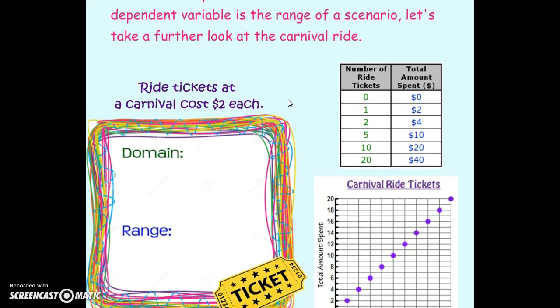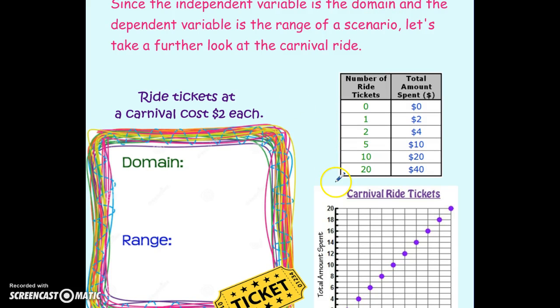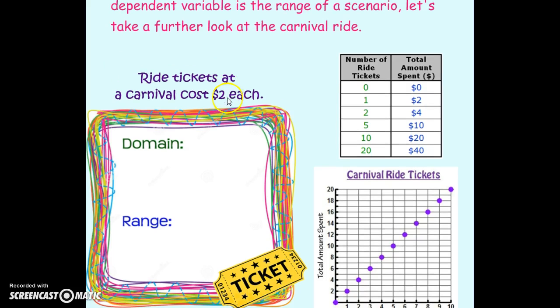So now, because it's discrete, we're going to be writing the domain and range. There's certain ways that you write it, just like there's certain ways you write equations and those kinds of things. So it says, since the independent variable is the domain and the dependent is the range, let's take a further look. So our domain, that means all the possible X values. That's what we just stated a couple slides ago. The domain is the X values.